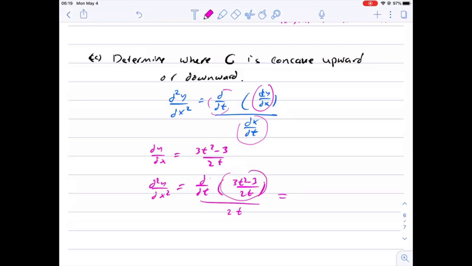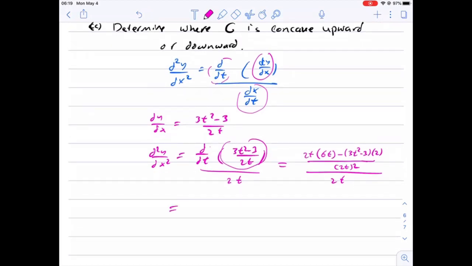Now we differentiate the numerator. The derivative of this uses the quotient rule: the denominator times the derivative of the numerator minus the numerator times the derivative of the denominator, all divided by the denominator squared. Now over 2t.